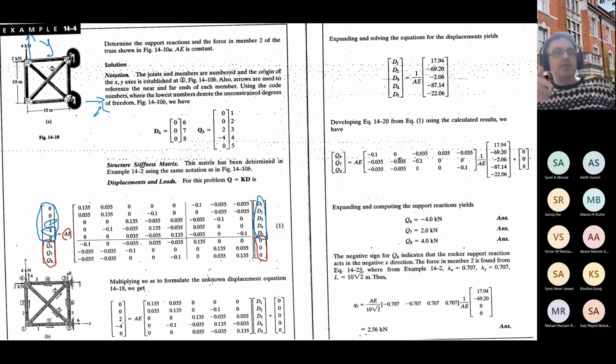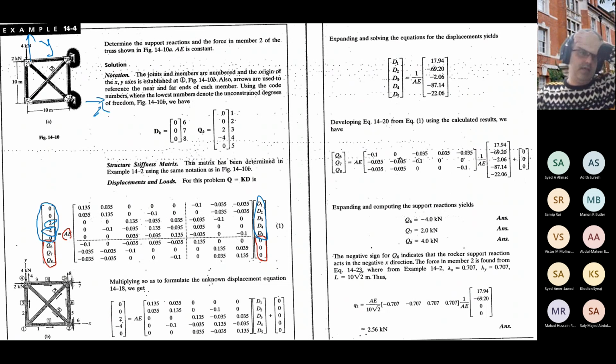It's upside down. So the definition of the coordinate system is x and y. So if this 4 kilonewton was reversed, I mean the arrow pointed upward, it should be plus 4 kilonewton.